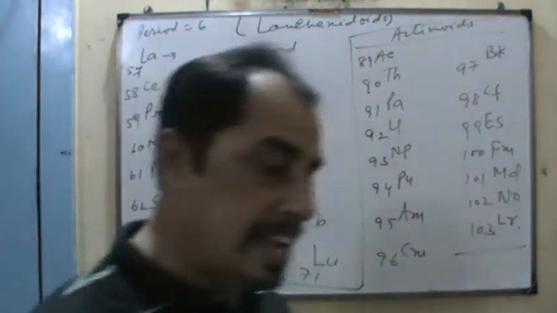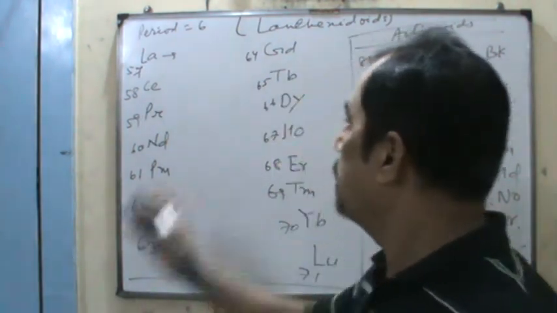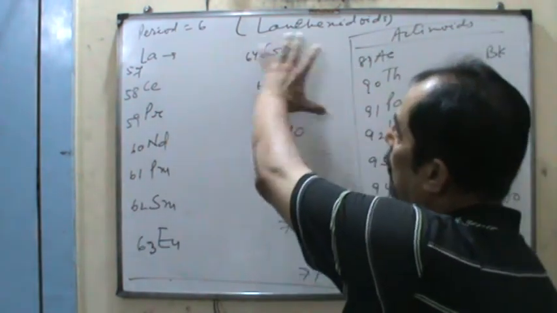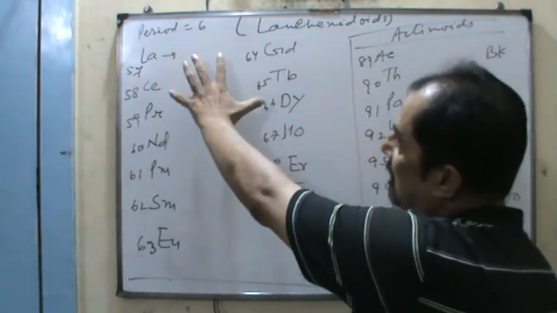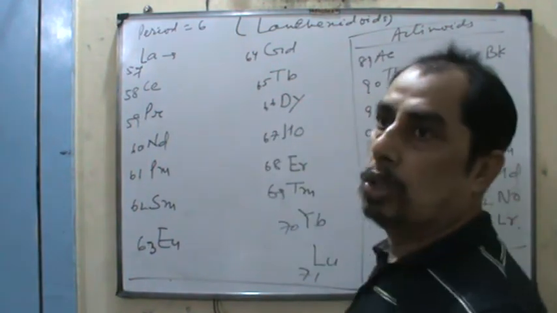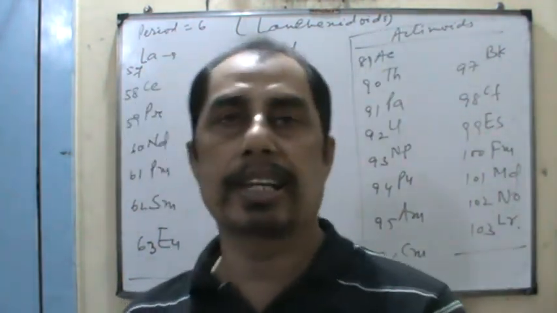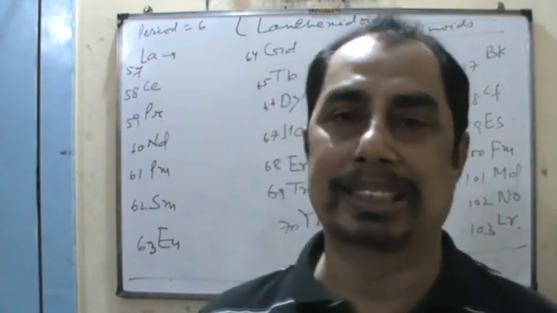So dear students, I have classified all the blocks: S block, P block, D block and F block. F block elements are called inner transition elements, and they include the lanthanide series as well as the actinide series. 14 plus 14, total F block elements are 28 and all of them are metals, including radioactive as well as non-radioactive elements.